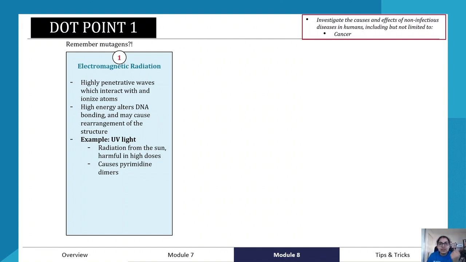The radiation from the sun can be harmful in high doses, and it can cause pyrimidine dimers. Imagine my fingers as the bases, stacked against each other like this. Pyrimidine dimers are essentially when they turn their shape and adjacent bases connect with each other.